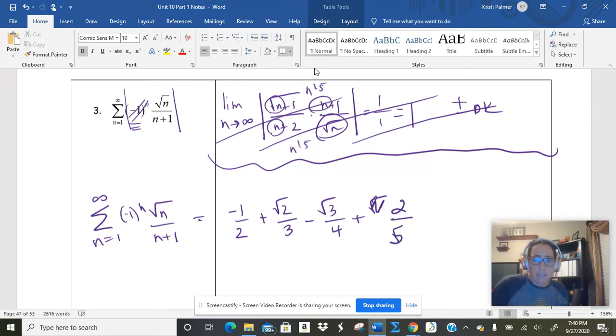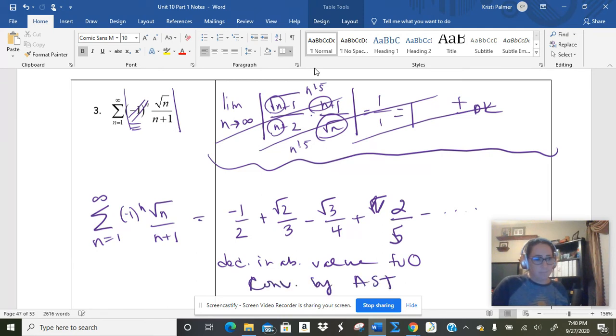And as I kind of see these terms, and you can put it in your calculator if it's hard to see, they are getting smaller and smaller as you go. I mean, look at 1/2 to 2/5, but these decrease in absolute value to 0. So this is convergent by the alternating series test.